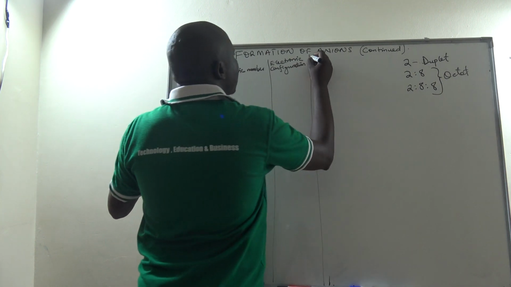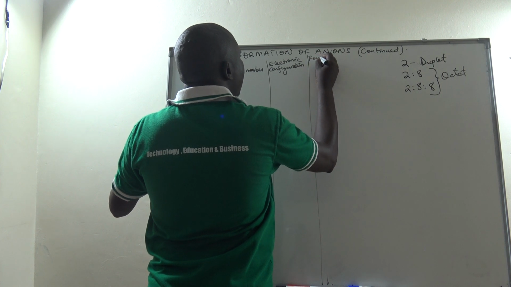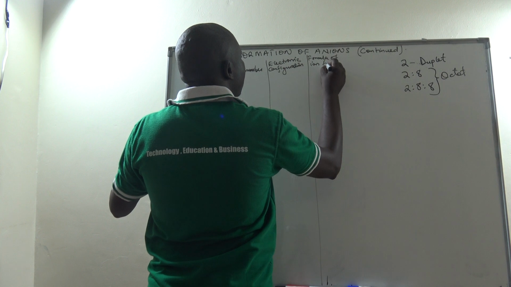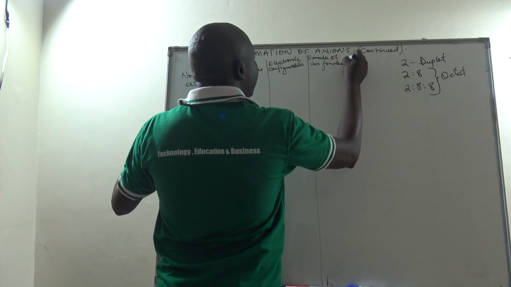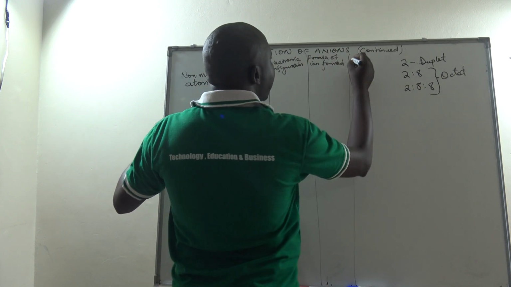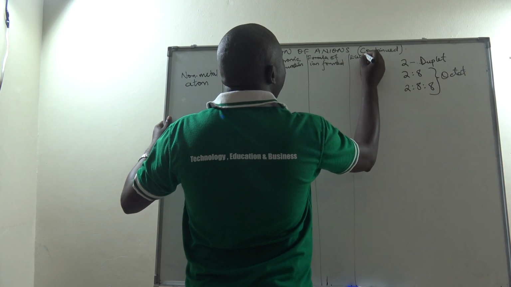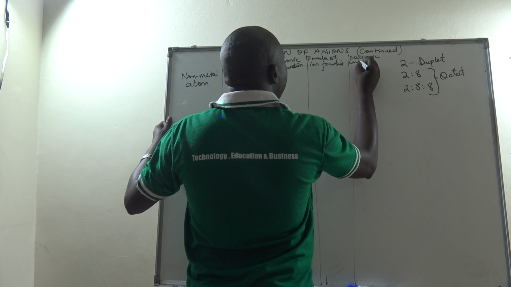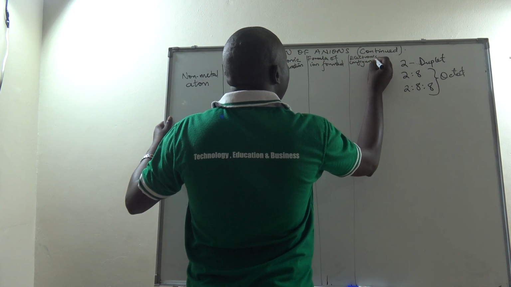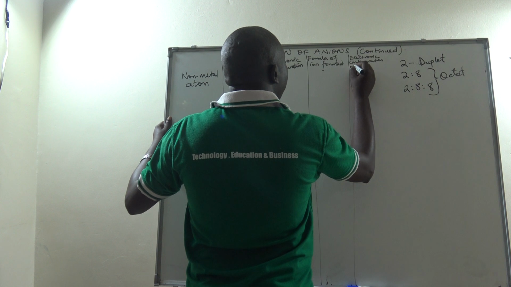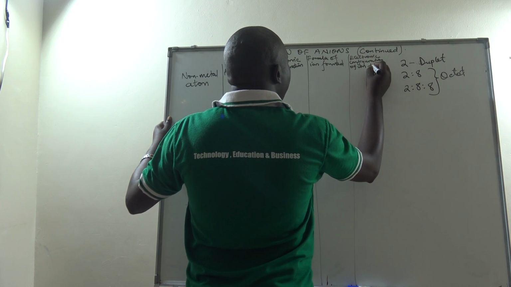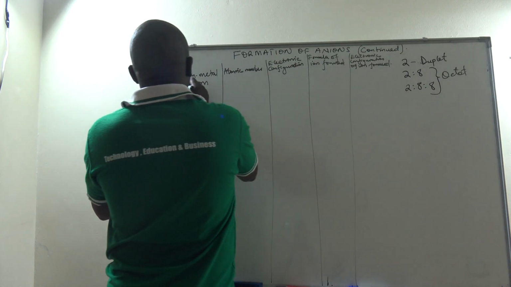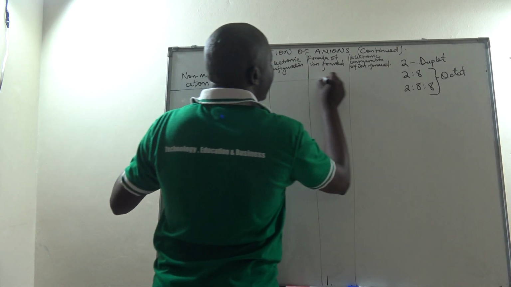We shall look at the formula of the ion formed, and then finally the electronic configuration of the ion formed, which is going to be either duplet or octet, as we have already seen here.